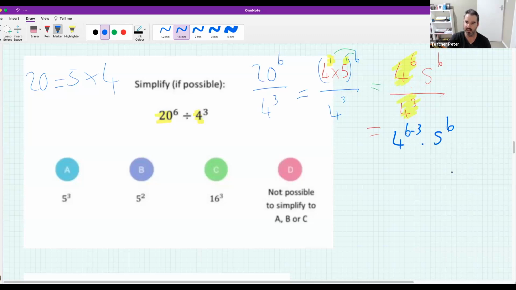And over here, I'm going to have that. Give me a thumbs up if you followed this bit, how I got the bit in yellow. The bases are now the same, so I subtracted the powers. Give me a thumbs up if you followed, or raise your hand if you have a question you'd like to ask.